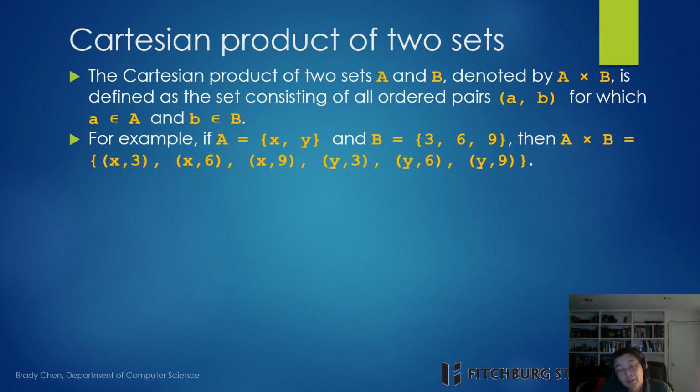Now here, let's talk about another operation. That operation is going to combine two sets into a new set. The new set is defined as the set of ordered pairs of the original two sets. Let's take a look at this.